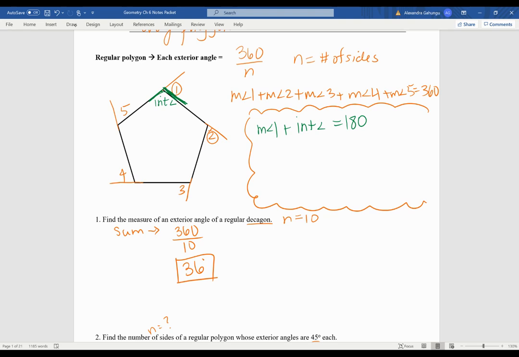So each interior angle and the corresponding exterior angle right next to it, they're supplementary. They're a linear pair, so they add up to 180. And that should help us if we ever have a picture.